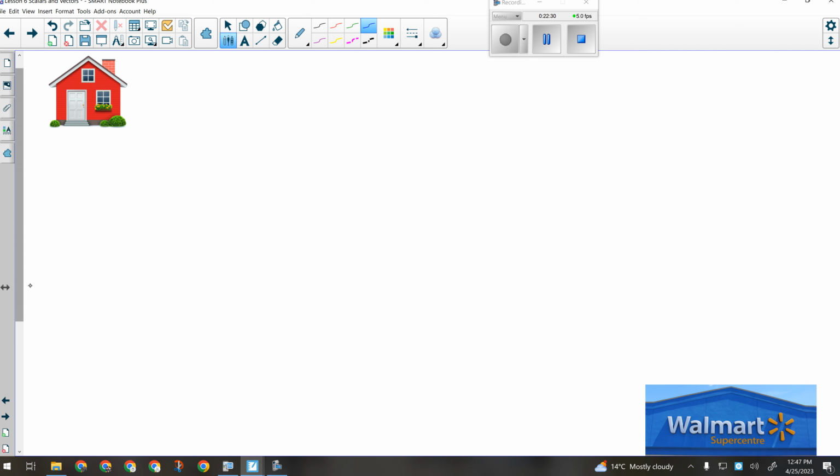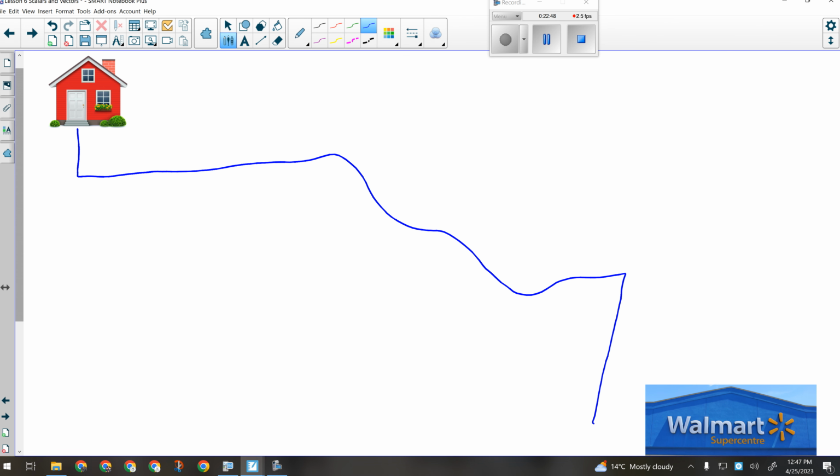I'd have to walk through trees and houses and stuff, and that'd be kind of awkward. So I can't walk in a straight line. So I would walk down my block and then turn onto another road and then turn onto Northridge Drive and go across the river and then do this.